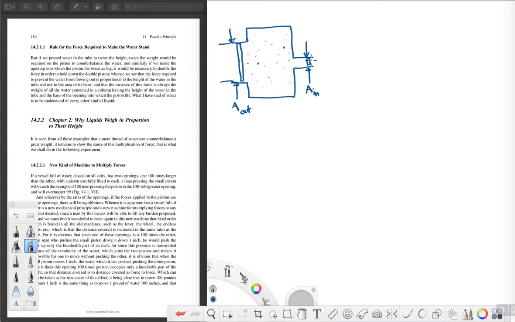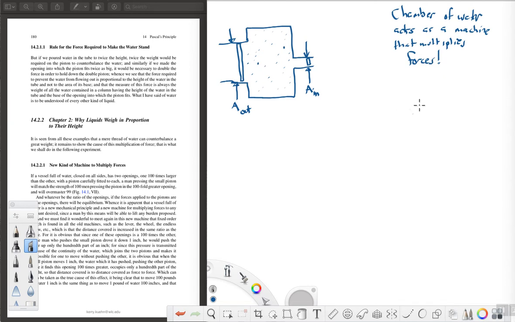The idea here, and I'll tell you where I'm going with this, is that this chamber of water acts as a machine that multiplies forces. This is what we're going to get to.